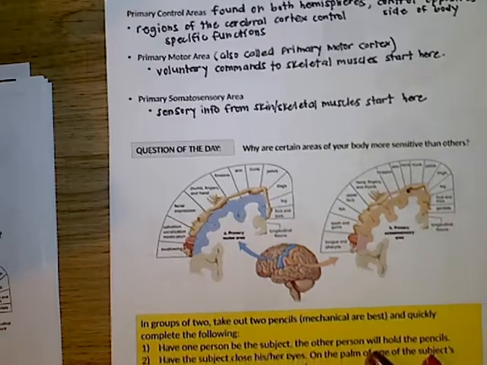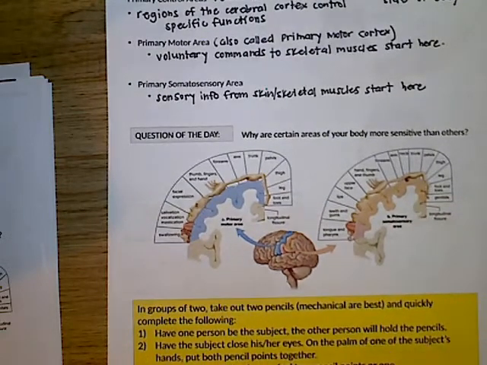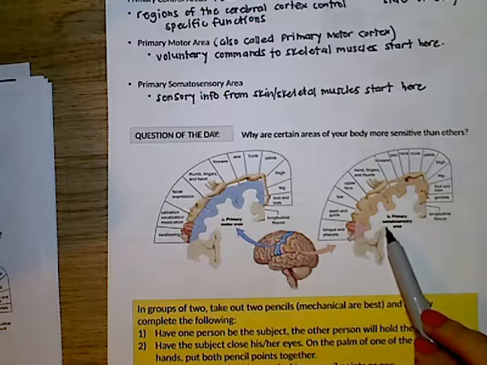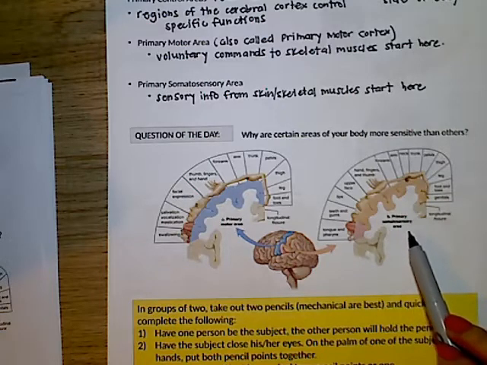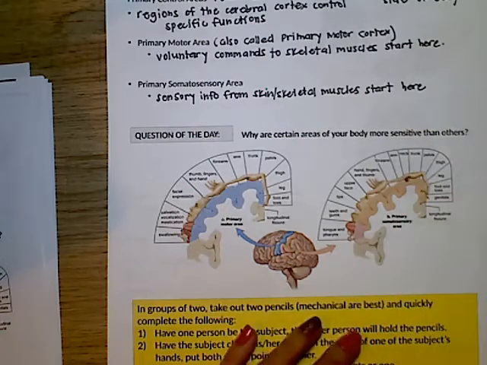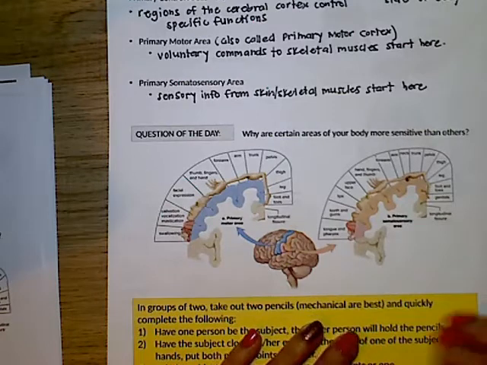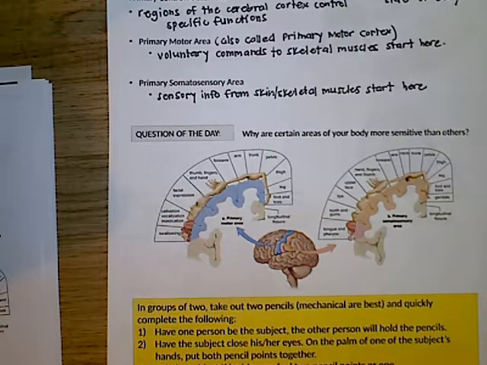So the question of the day, I guess we'll answer it already, is why are certain areas of your body more sensitive than others? So we want to be looking at the somatosensory area because that's where you sense things. And if you think about parts of your body, what's going to be more sensitive, for example, your fingertips, your thumb, and your hand, or your arm?